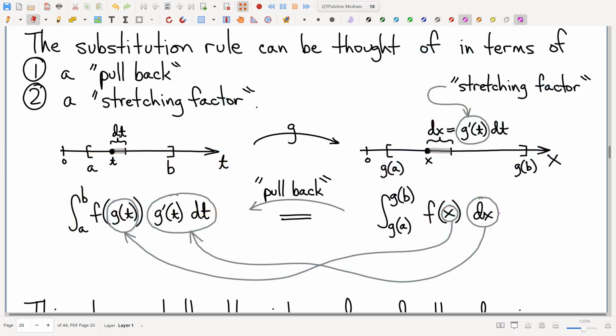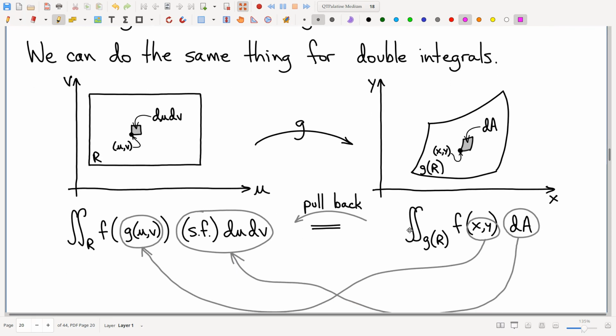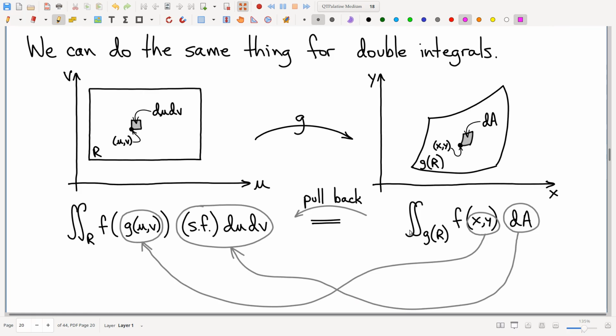Alrighty, so here's the thing. We're going to do the same thing now in 2 dimensions. Now it's going to be a little weirder, and there's going to be a big question mark that's going to come up at some point that we're not immediately going to make sense out of. But as before, if you have some integral over some domain, which I'm drawing as a rectangle for reasons that I'll expound on in a couple of minutes, it doesn't have to be though.